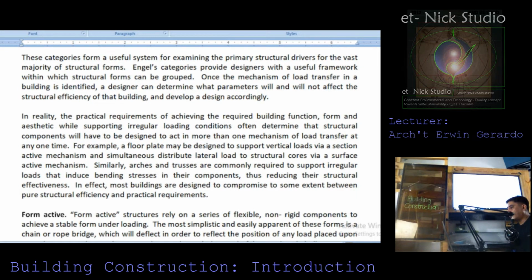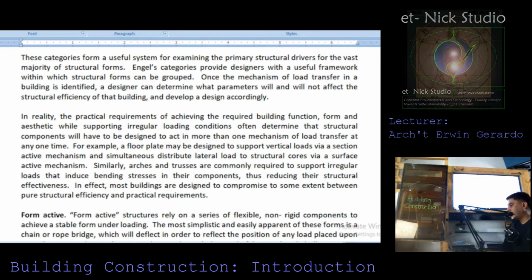Engel's categories provide designers with a useful framework within which structural forms can be grouped. Once the mechanism of load transfer in a building is identified, a designer can determine what parameters will and will not affect the structural efficiency of that building and develop a design accordingly.